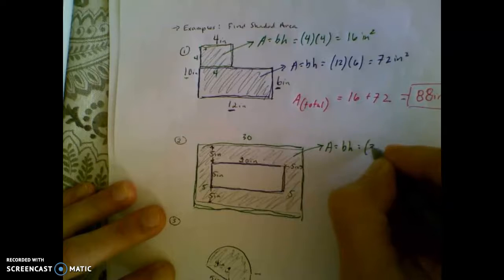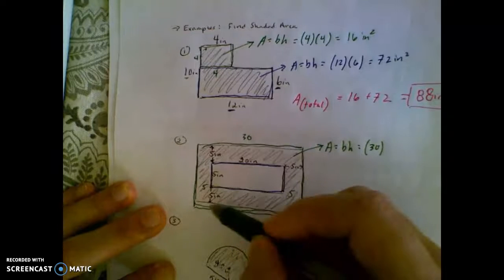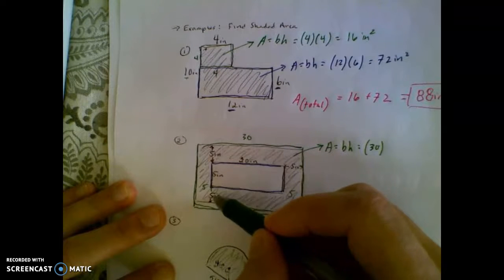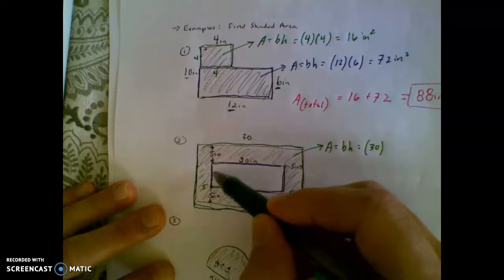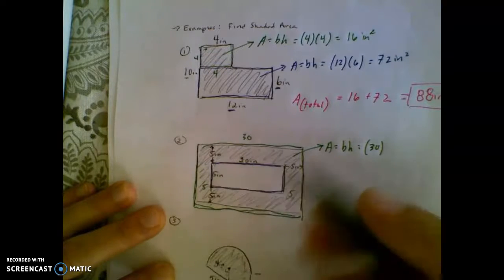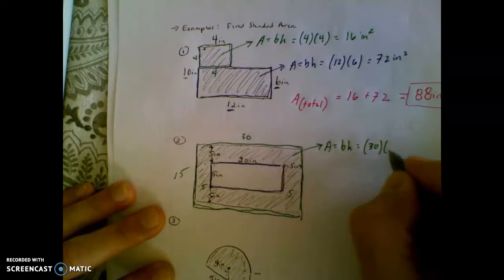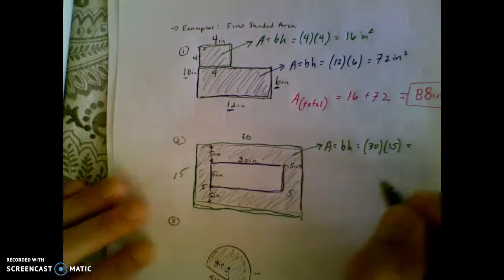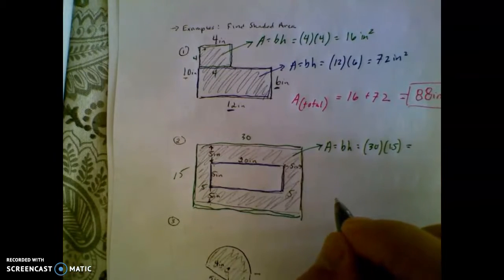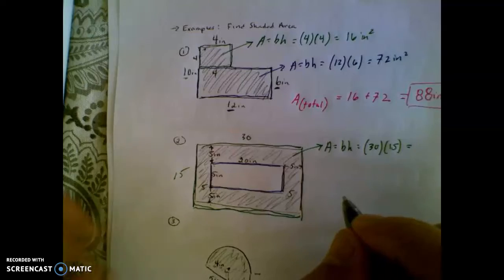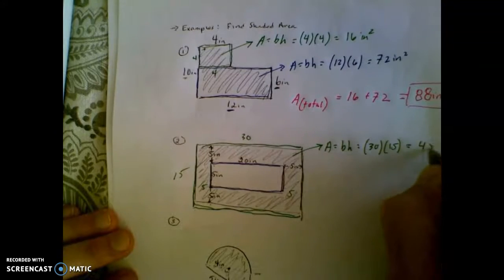So the base is going to be 30, and the height, I can count up the 5s here. This is 5 from here to here, 5 from here to here, 5 from here to here. That means my height is 15. 5 plus 5 plus 5. So I do 30 times 15, I think that's 450. Yep, so that's 450.